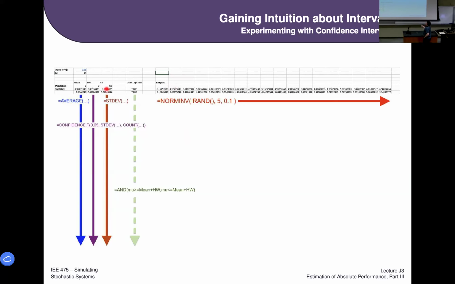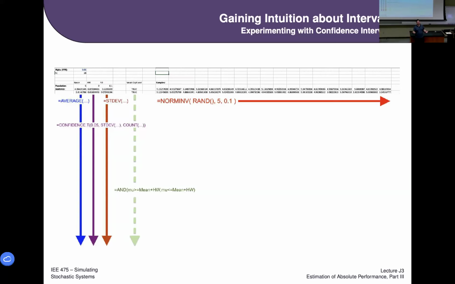From there, I calculated the mean of every row, and I calculated the standard deviation of every row. With that standard deviation, I can then use a function in Excel to calculate the half width. Excel has CONFIDENCE.T. Where does the T come from? It's a t-test, so it's giving a half width based on the t-test.